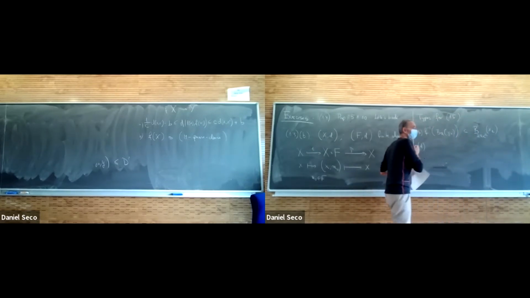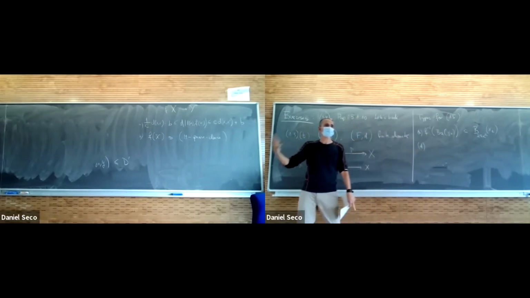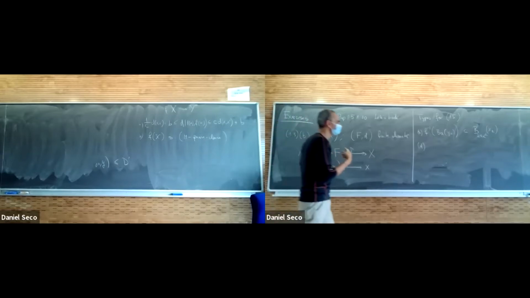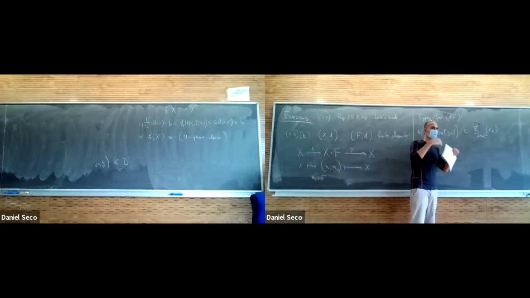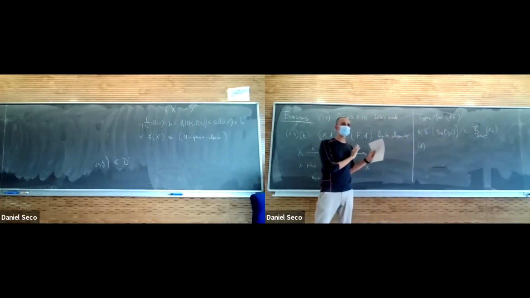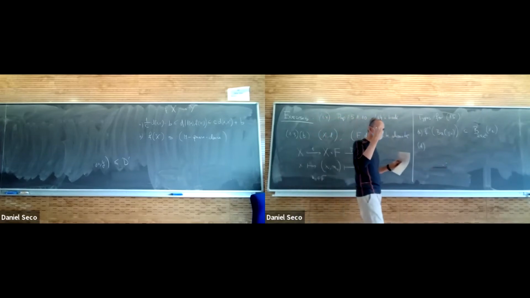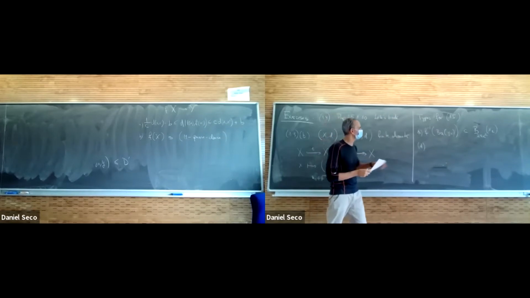I'm not going to do exercise D, so let me postpone it because I myself am not completely sure about the proof. I realized just ten minutes ago. To avoid confusion, we believe for the moment part B. I will give you a reason for that.